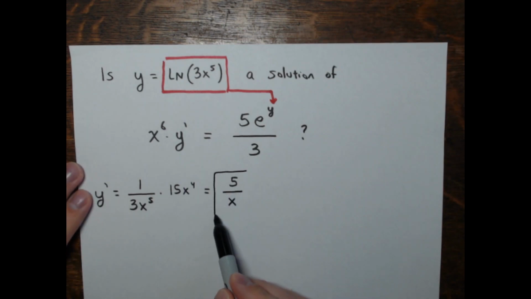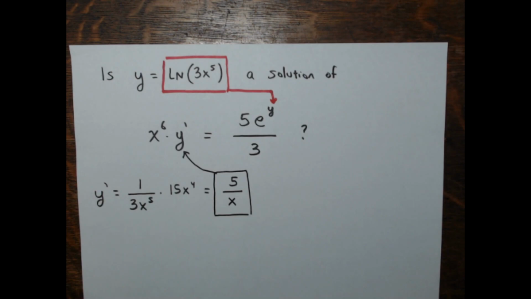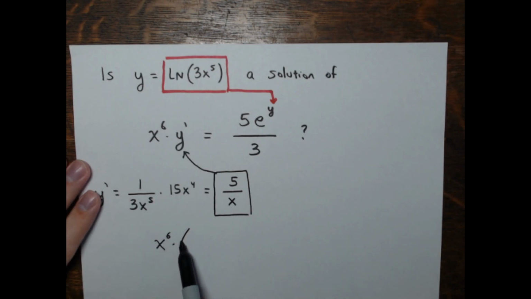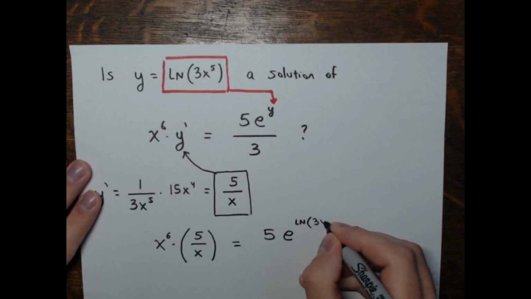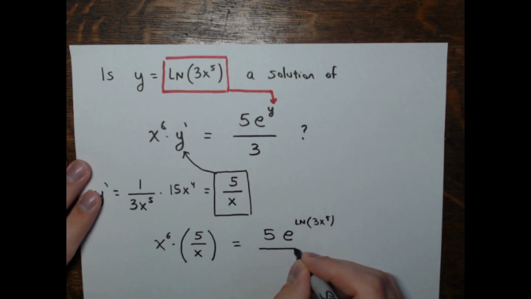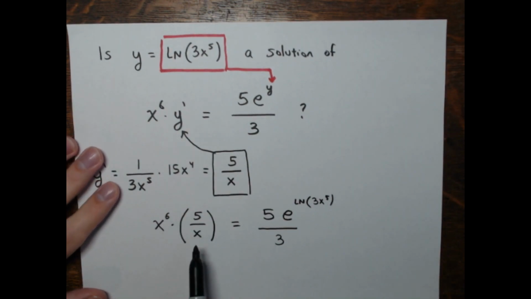Okay, so this 5 over x, y prime, that's going in here. So I make those substitutions, get everything in terms of the independent variable x, and we'll see. So we have x to the 6th times y prime, which we saw was 5 over x. And is this equal to 5 times e raised to the natural log of 3x to the 5th power, and then this divided by 3? Now the left side, x to the 6th over x, that's just x to the 5th.